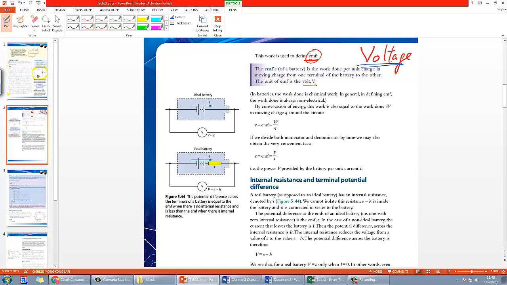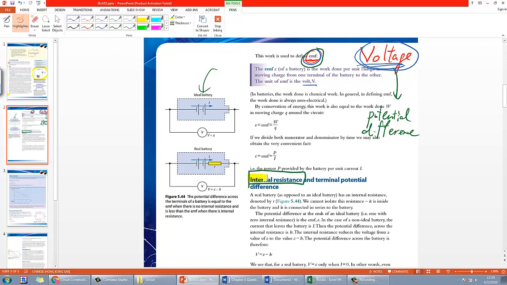So the difference between EMF and voltage is that voltage is a more general name to refer to potential difference, so how much voltage drop, basically. While EMF only refers to the potential difference on the battery. That's why you see here when we say in reality there is internal resistance, which is simply the resistance within the battery.